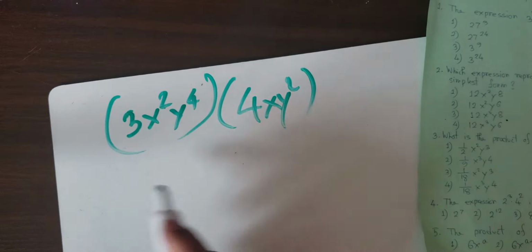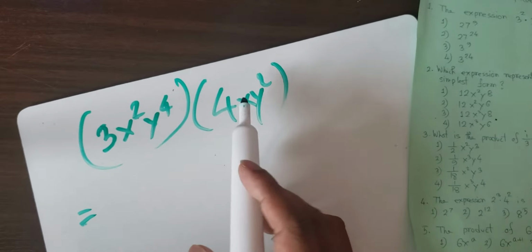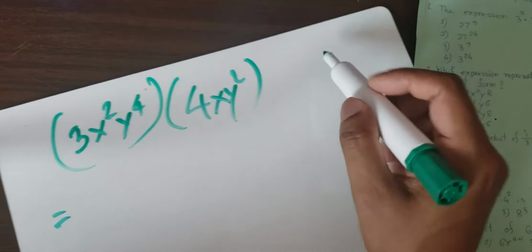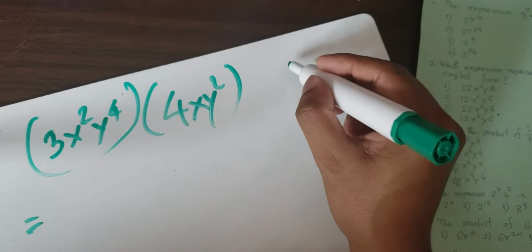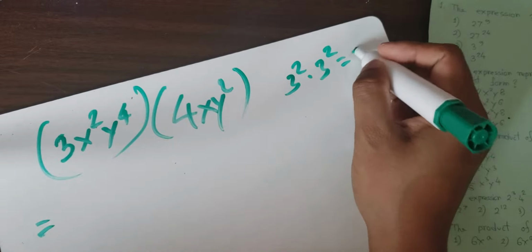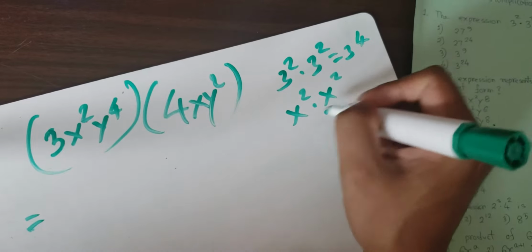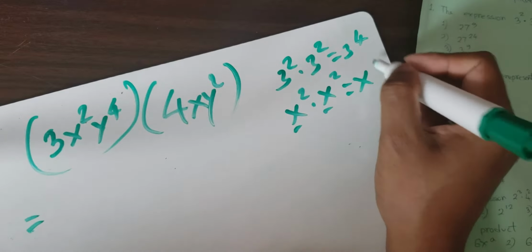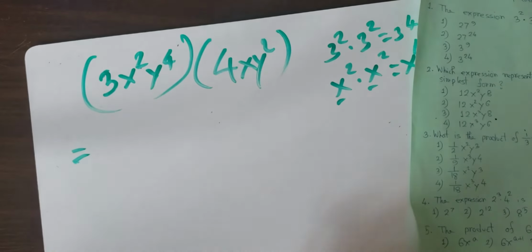So I have number parts and variable parts. I forgot to tell you that the rule for adding powers is not only true for numbers. You can do 3 squared times 3 squared is 3 to the power 4. You can also have variables. If you have the same variable, you can just add the powers and you'll get x to the power 4. So here I have both numbers and variables.